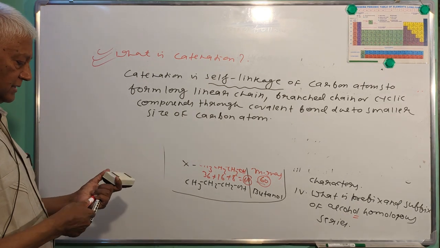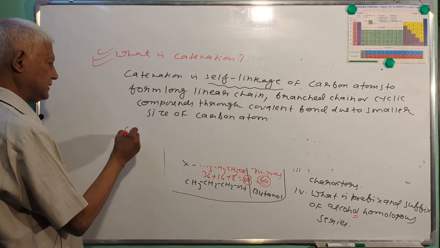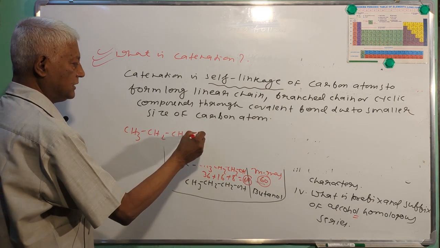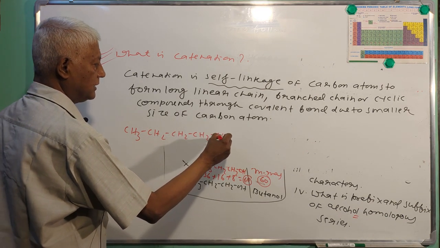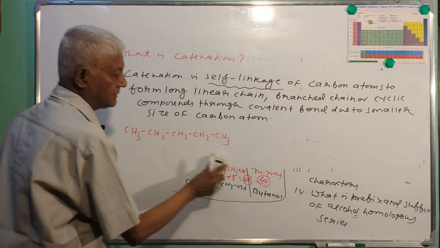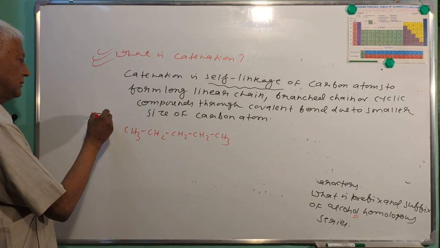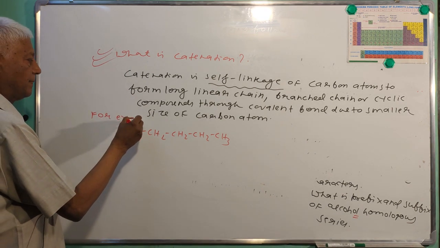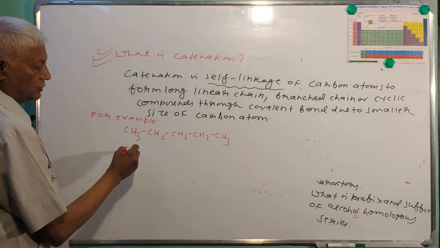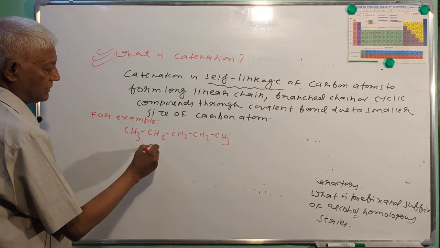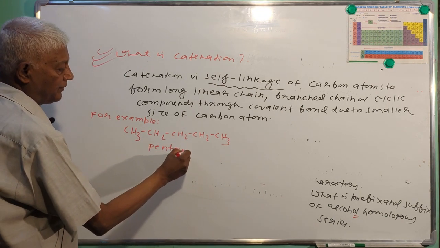So example is like this: CH3, CH2, CH2, CH2, CH3. That is a linear chain compound. 1, 2, 3, 4, 5. What is the name of this compound? Pentane.